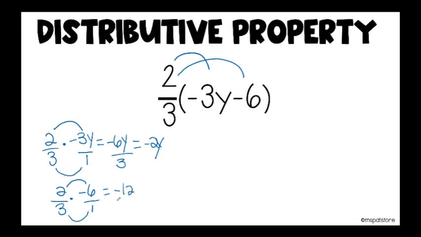Now 3 times 1 is 3. As negative 12/3 is an improper fraction, I do need to divide it. So 12 divided by 3 is 4. But hold on, it's negative 4 because they have different signs, all right? So my final answer from the first multiplication is negative 2y.